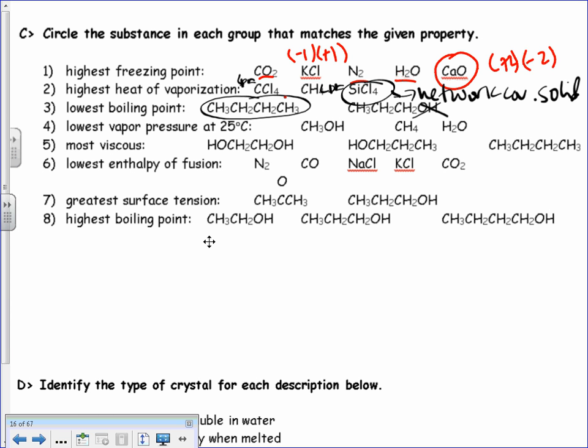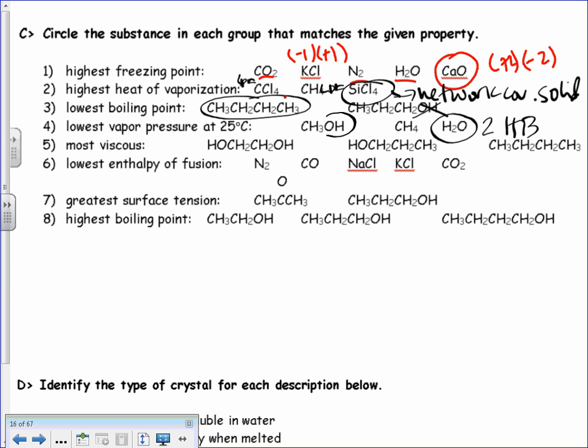Lowest vapor pressure, what's it actually looking for? Highest IMF, because it doesn't vaporize easily. So who's going to have the highest attractions? Which one is hydrogen bonding? This one has 2 places for hydrogen bonding, the H's and the double lone pairs on there, so I'm going to denote that as 2 hydrogen bondings.